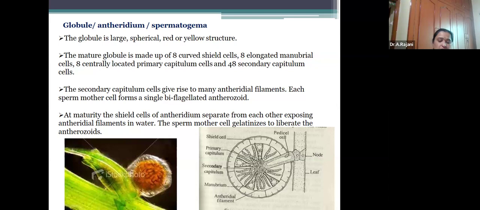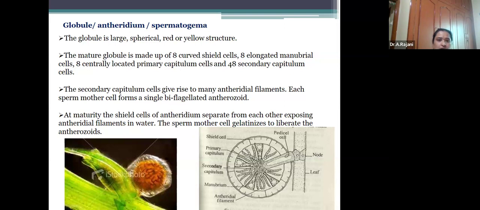Each cell produces a single antherozoid, which is biciliated and spirally coiled. This is the globule structure. Keep in mind: 8 shield cells, 8 manubrial cells, primary capitulum, secondary capitulum, and the antherozoid filaments are present in the globule. You can learn these names by heart.